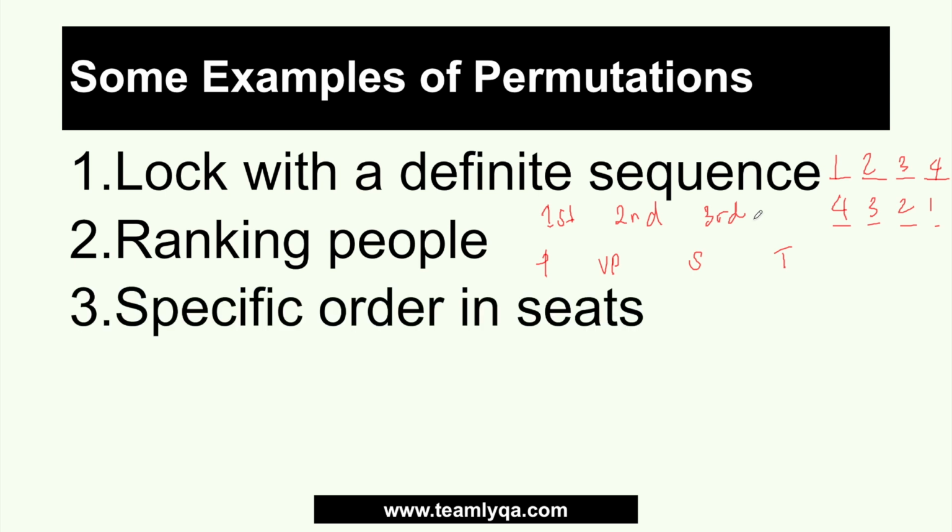Another thing, specific order in seats. So, for example, if you are going to watch a movie, meron kang 4 seats or 5 seats. Okay? Dahil each seat is numbered, so kunyari seat A, B, C, D, E, then you will have to use permutations. Bakit? Kasi, kung si 1 ay uupo sa A, iba ang combination kung si 1 ay uupo sa D. Okay? So again, meron specific order or seat number.